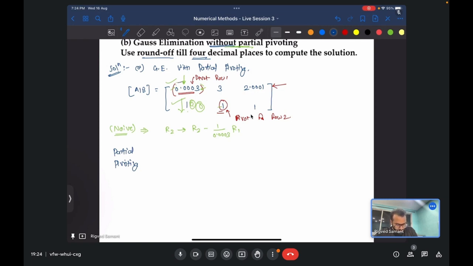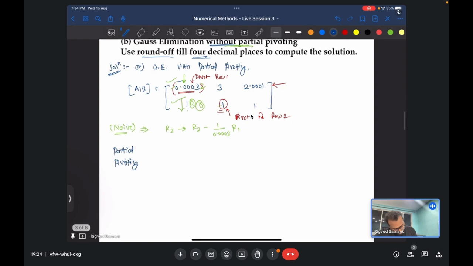In that column we check which has the highest magnitude. 0.0003 is less than 1, which implies R2 should be swapped with R1, because that one has the highest value and will be taken as the pivot element. So R2 is swapped with R1, and it becomes 1, 1, 1, and 0.0003, 3, 2.0001.